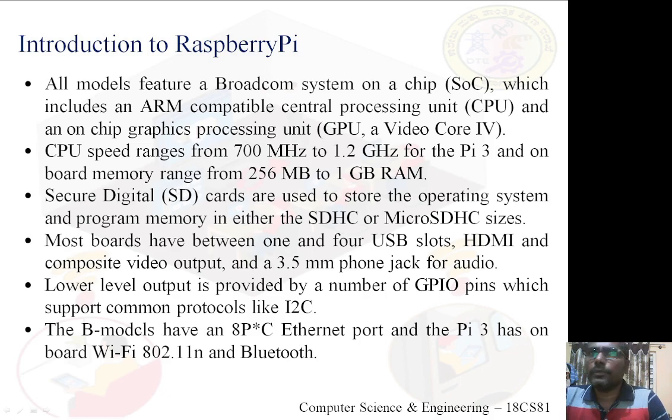So the memory ranges from 256 MB to 1 GB RAM. I repeat, the speed ranges from 700 megahertz to 1.2 gigahertz, and the inbuilt onboard memory ranges from 256 MB to 1 GB RAM.